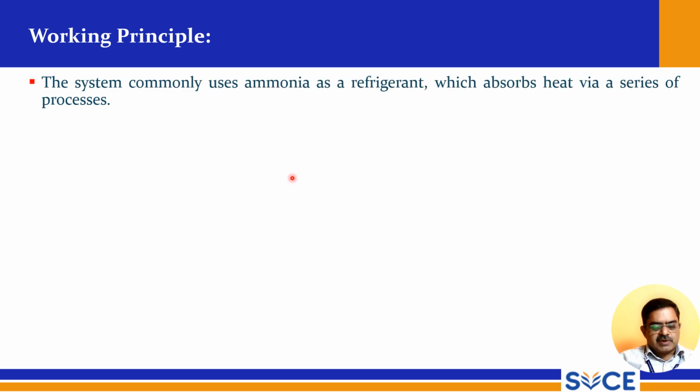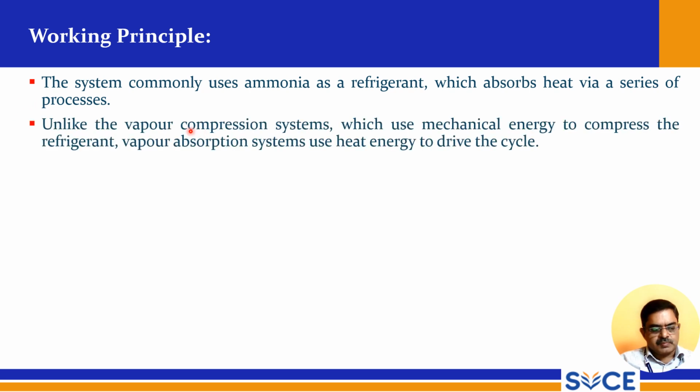Working principle of vapor absorption refrigeration system. This system commonly uses ammonia as refrigerant, which absorbs heat via a series of processes.